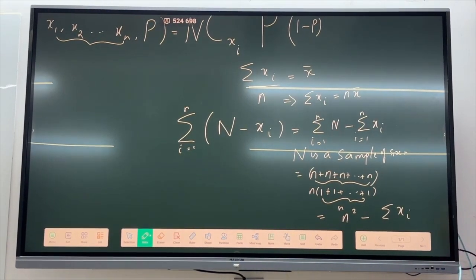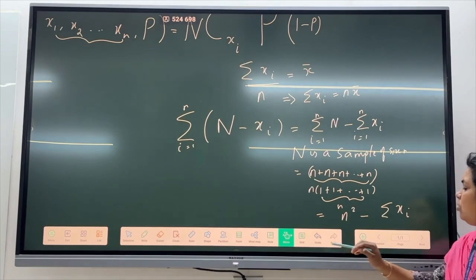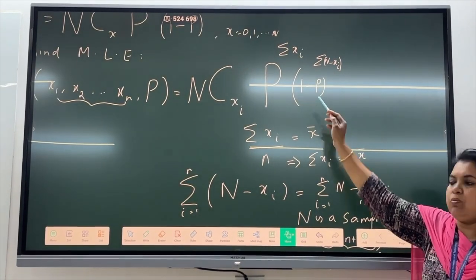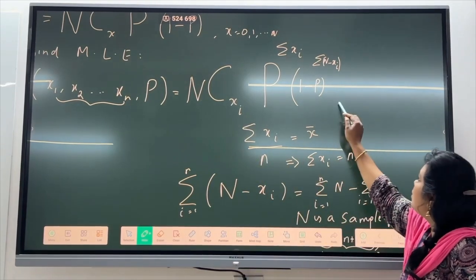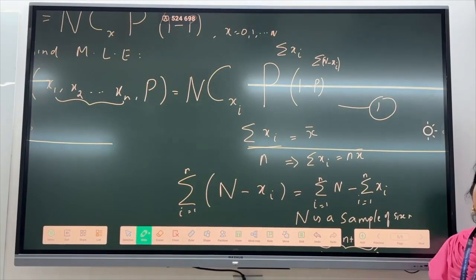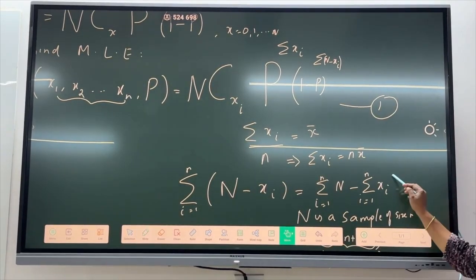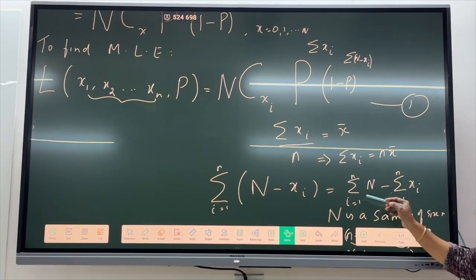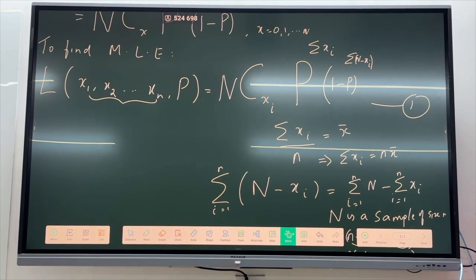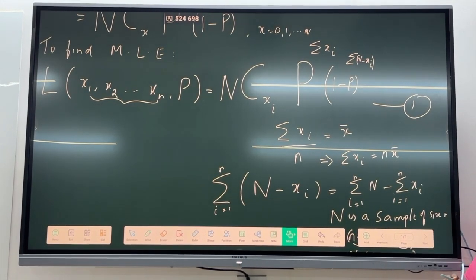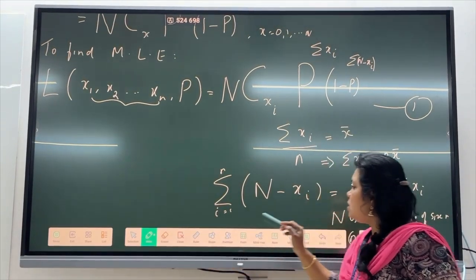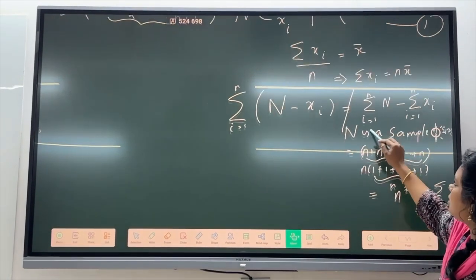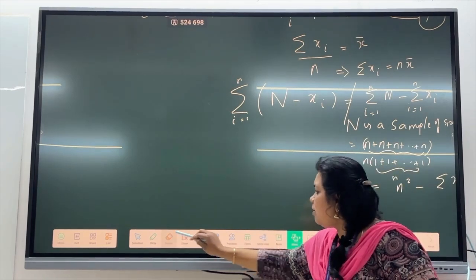Got it? So I am going to replace this in equation 1, because of the parameter. How can I write equation 1?